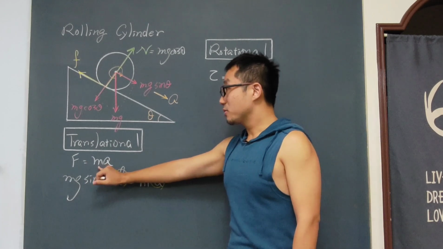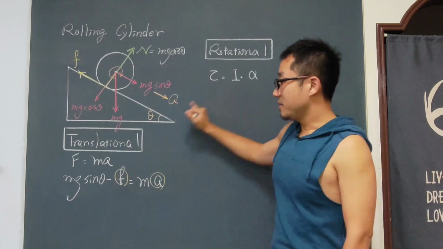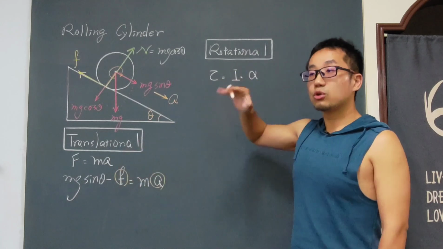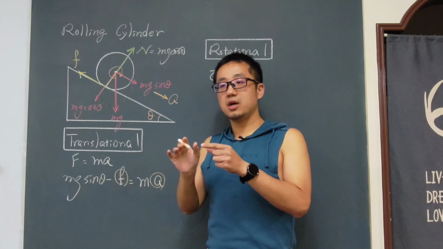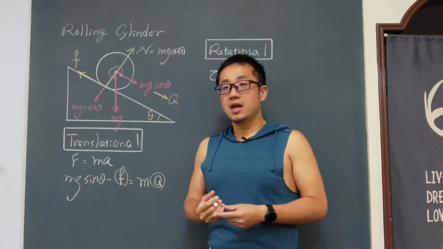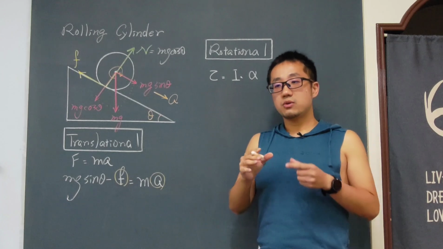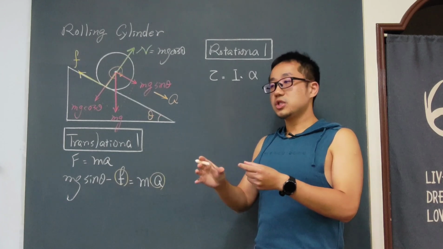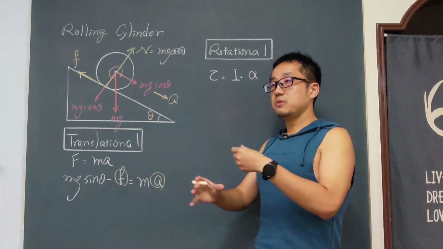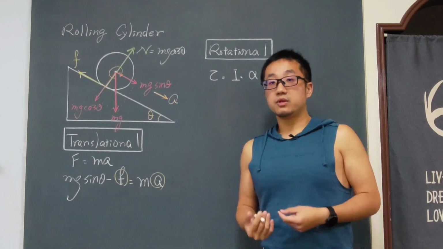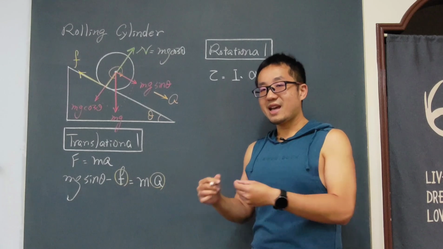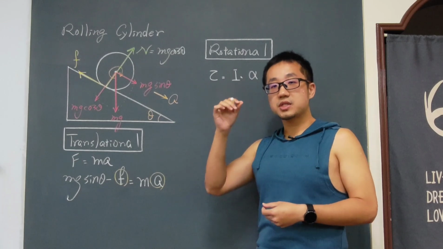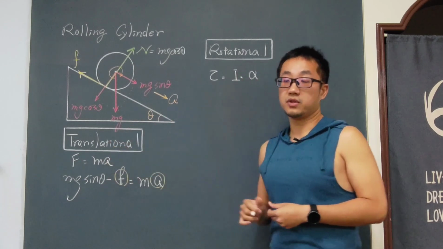The mass m corresponds to the moment of inertia, and the acceleration corresponds to the angular acceleration. If the mass tells you how hard it is to change the motion of an object, the moment of inertia tells you how hard it is to change something which is now rotating. If it has a huge moment of inertia, then it will be difficult to stop it or to start it. So this is the physics concept of mass and the moment of inertia.